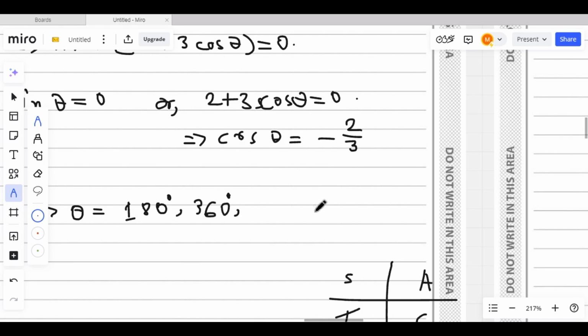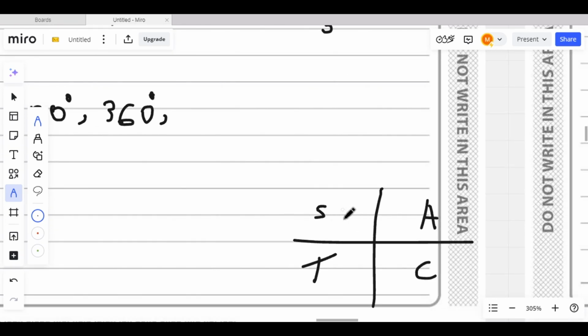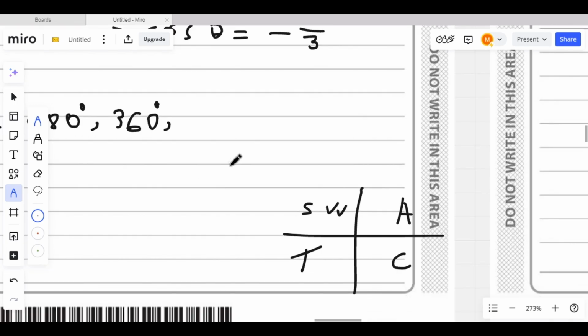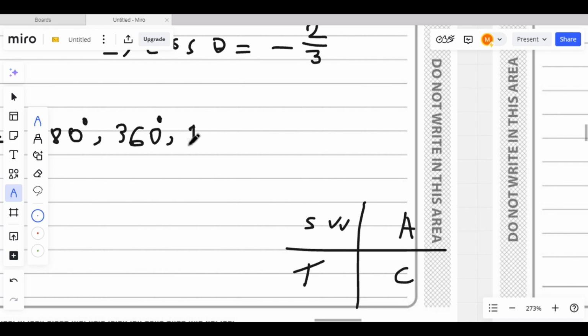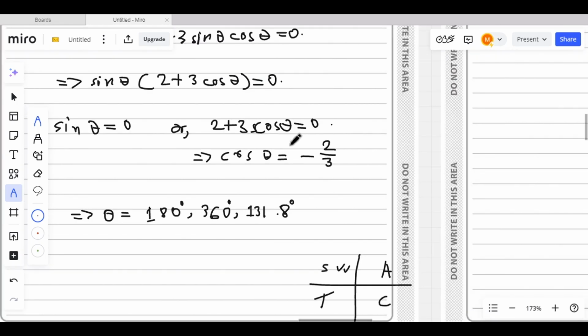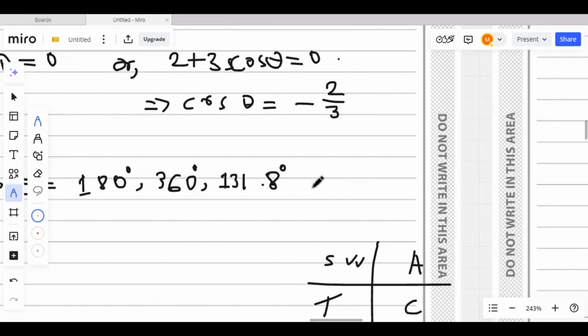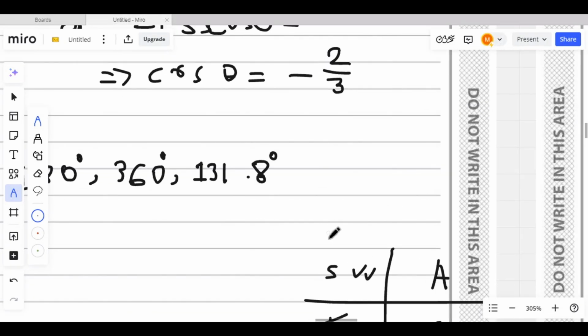It lies in the second quadrant because in this quadrant cos theta is negative. So we got 131.8 degrees, to one decimal place. You should be aware of that, because if you don't keep your decimal values up to one decimal place, marks might get deducted.